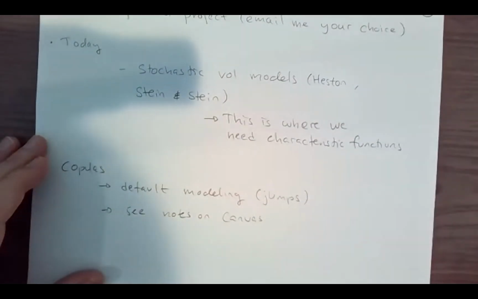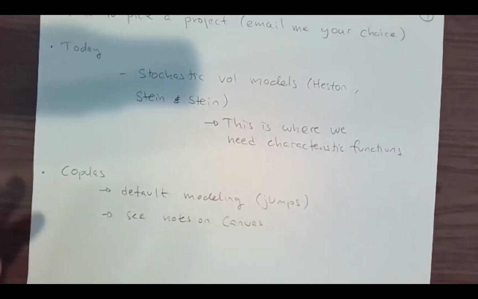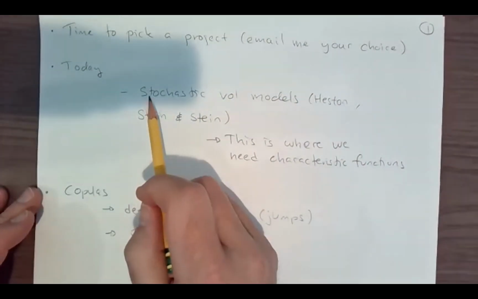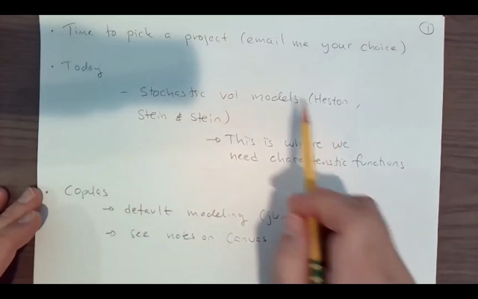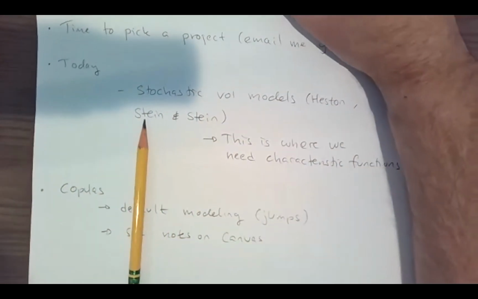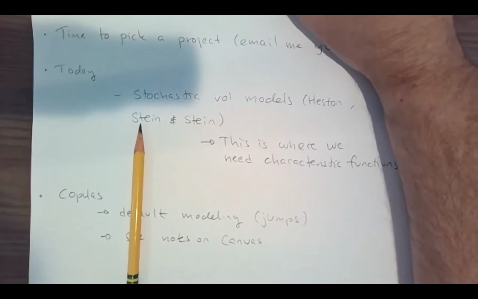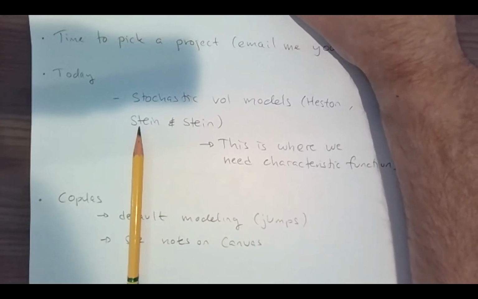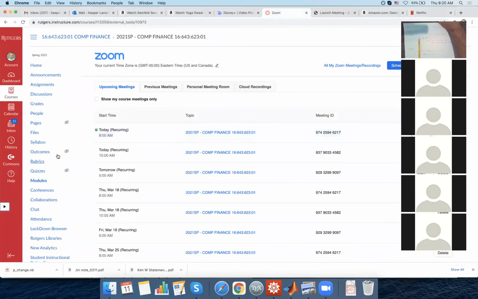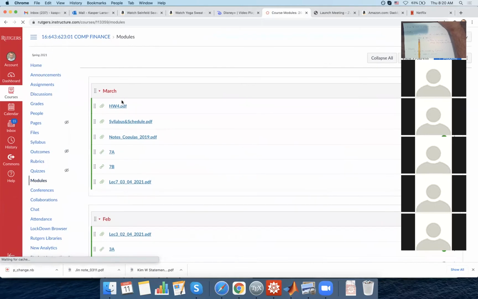Okay, so let me start by pulling up the homework that is related to Heston and Stein's model. So let me share a screen. And so if you go into homework, there should be a homework number 4.